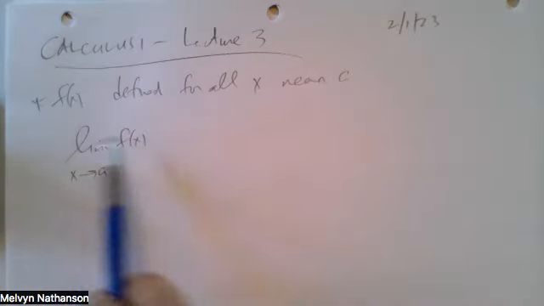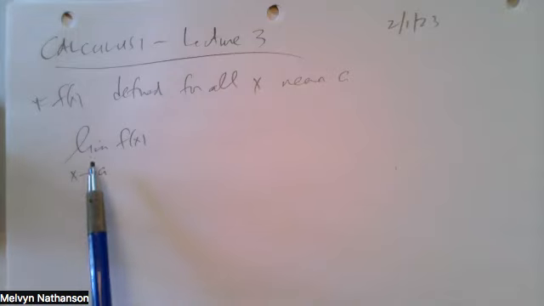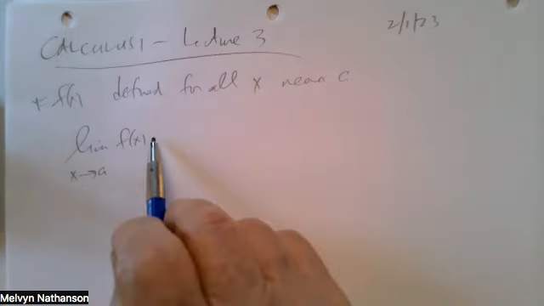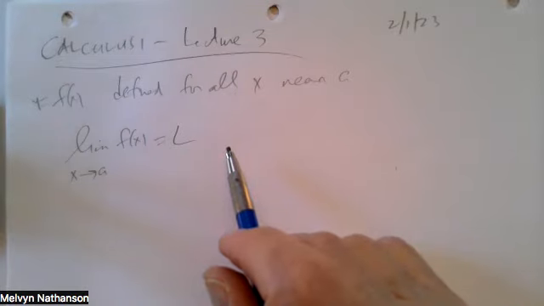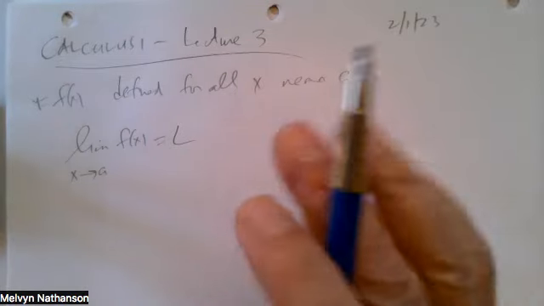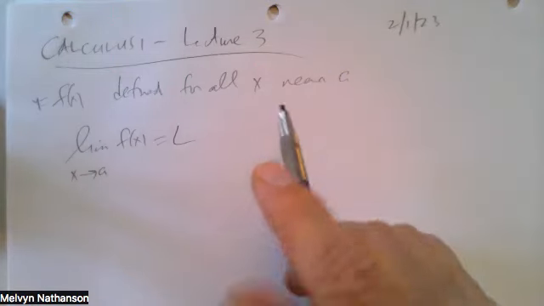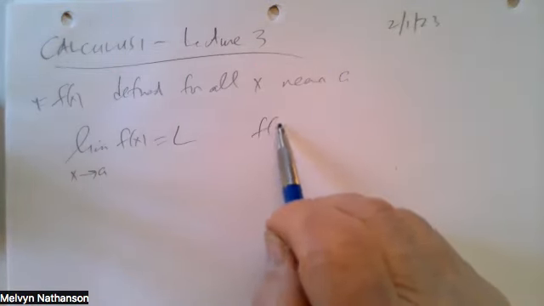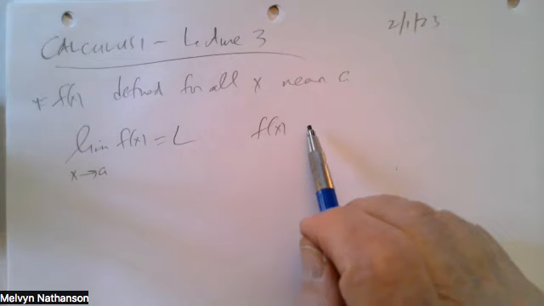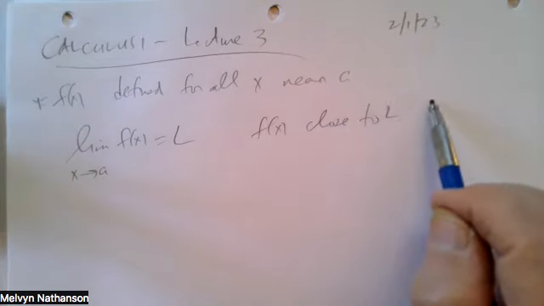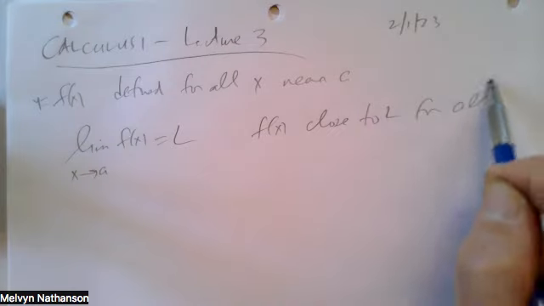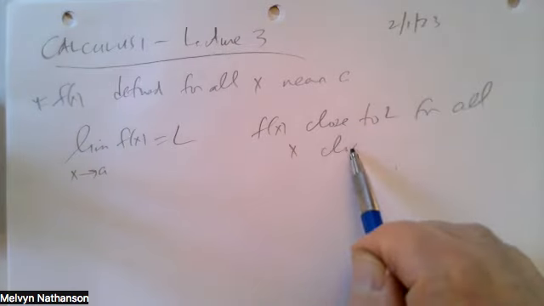So this sort of complicated symbol means the limit as x approaches a of f of x. We then say that's equal to a number L. So in a somewhat imprecise sense, that means f of x is arbitrarily close to L for all x that are close to a.